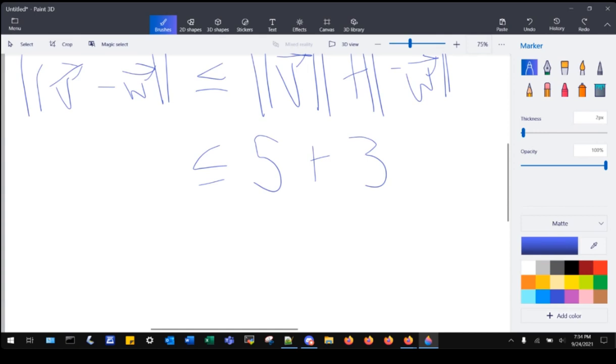Let's do the dot product. v dot w can be anywhere between 0 and 5. Or no, 0 and 15, right? Because in the worst case scenario, the two vectors are perpendicular.